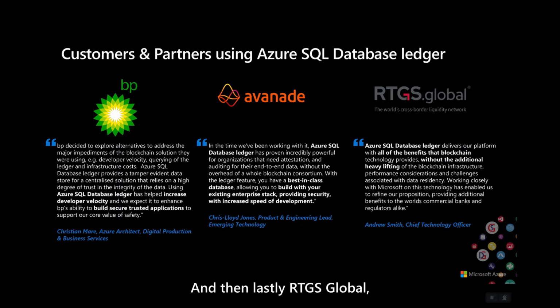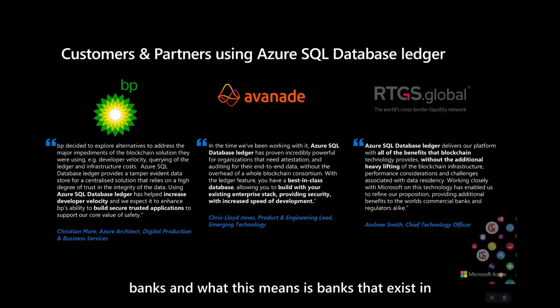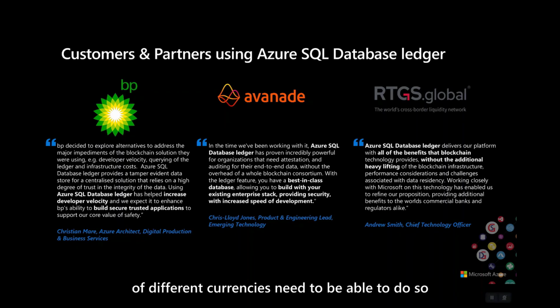And then lastly, RTGS Global, which is a close company to Microsoft. RTGS Global is working on building a liquidity network for banks. What this means is banks that exist in different countries that have to manage transfers between one another of different currencies need to be able to do so quickly. And today, the process that exists can take hours, if not days, to complete.